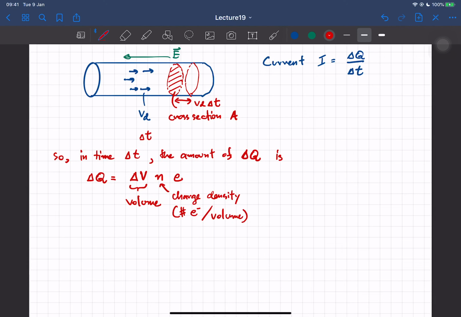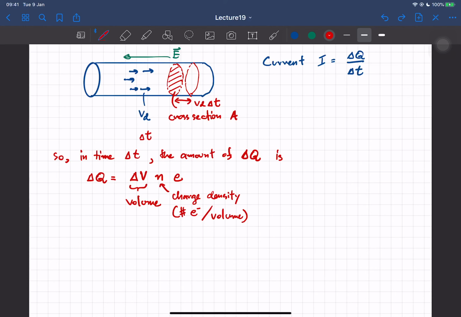Okay, so think about this, and you will see that it makes a lot of sense. We want to count how many electrons go across this area per unit time. So the amount of electrons going across this per unit time is all the electrons contained in this volume here.